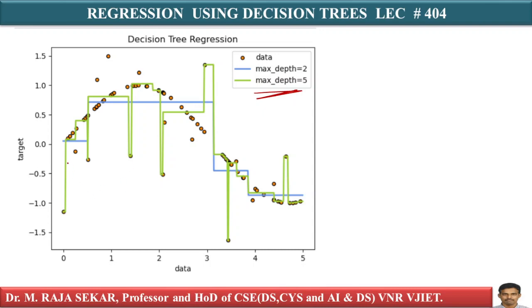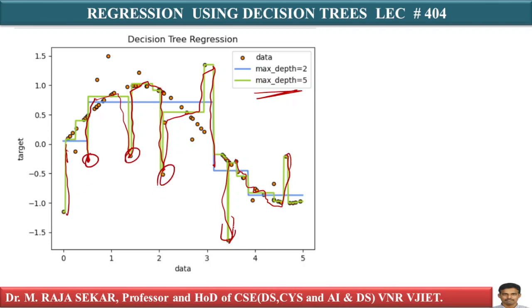Maximum depth equal to 5 means it is overfitting to the noisy points. All these are noisy points. Just see, it's overfitting to the noisy points, isn't it?